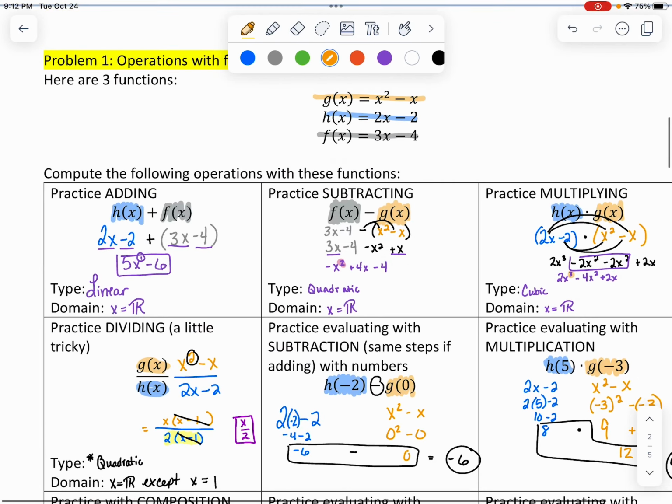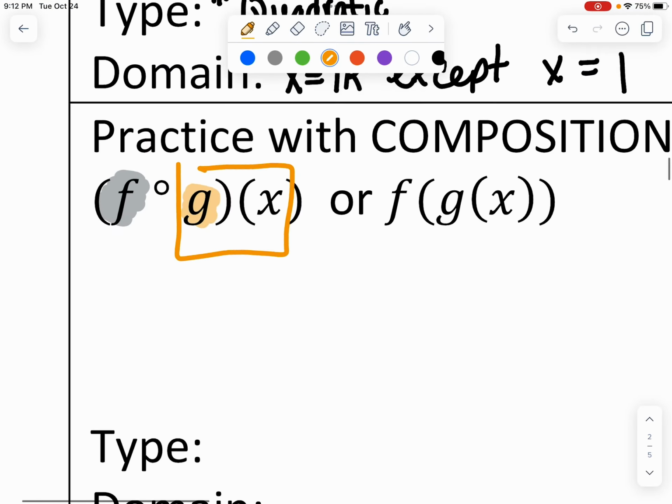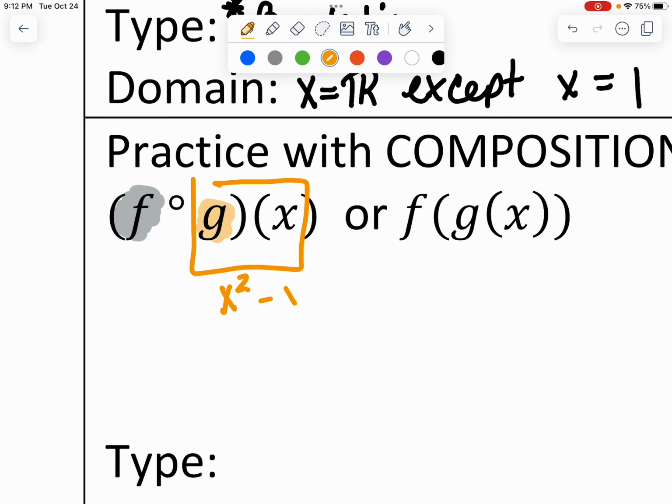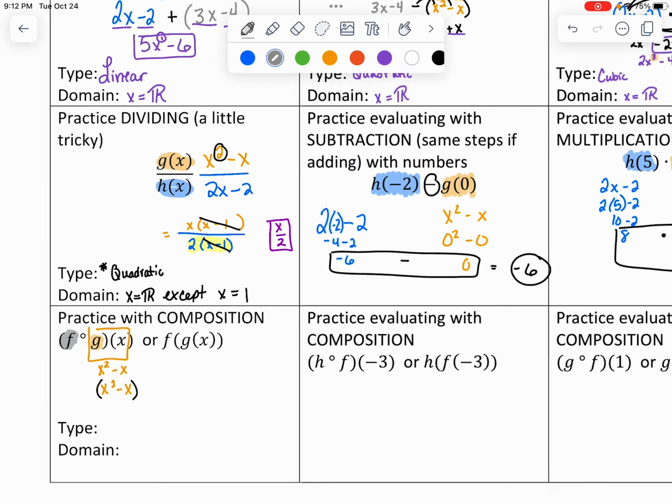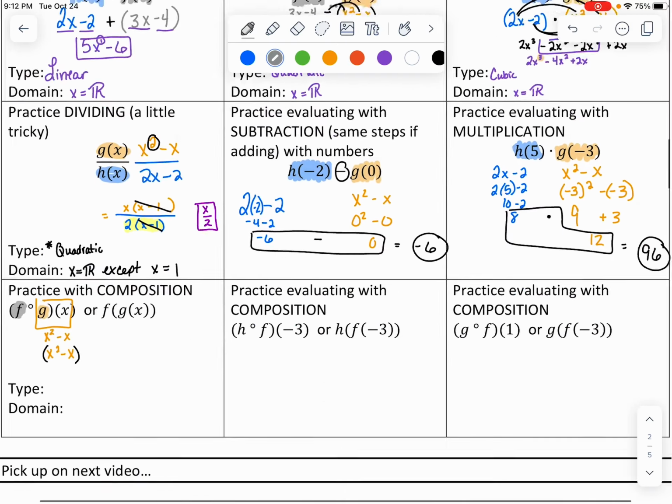Don't overthink that. So it was x squared minus x. Plug in x, and it's still x squared minus x. Then you take that quantity and you go to the F equation, which was 3x minus 4.